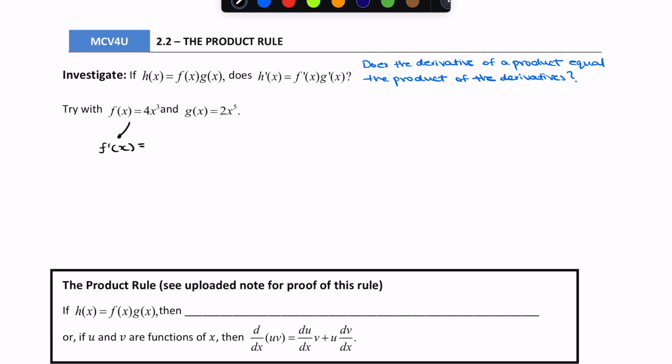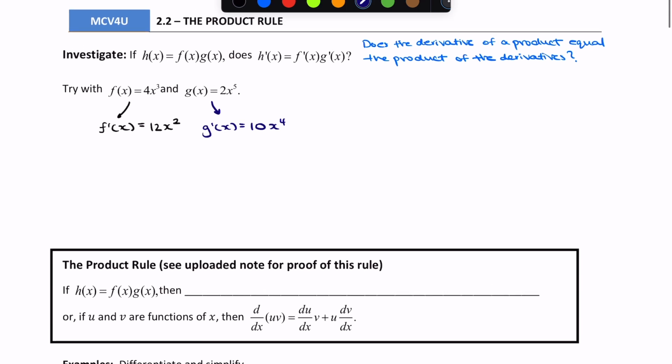So 4 times 3 would be 12, and then x to the power of n minus 1, and here it's 3 minus 1, so to the power of 2. So f prime of x is equal to 12x squared, and g prime of x would be equal to, again, bring the power down, multiply that by 2, so here would be 5 times 2, 10x, and then n minus 1, to the power of 4.